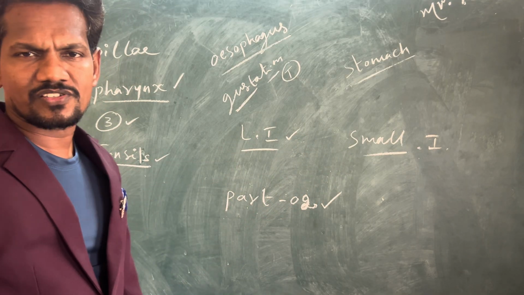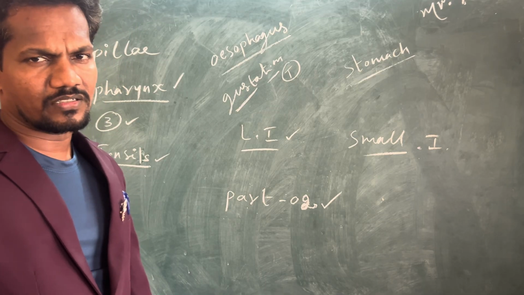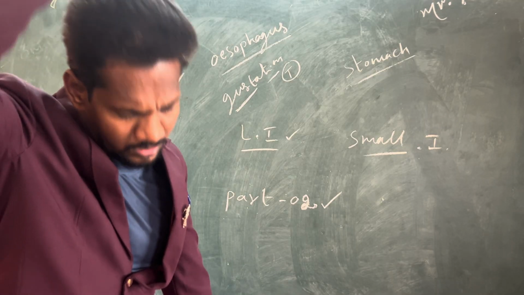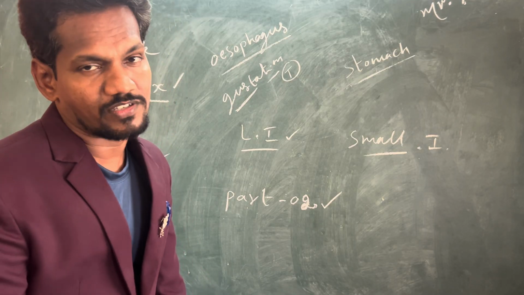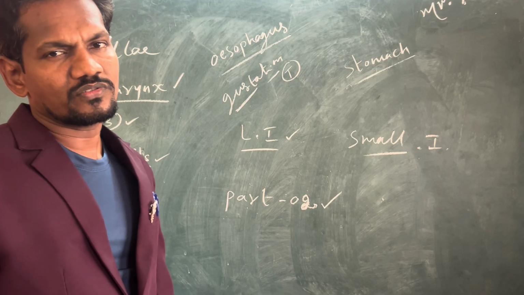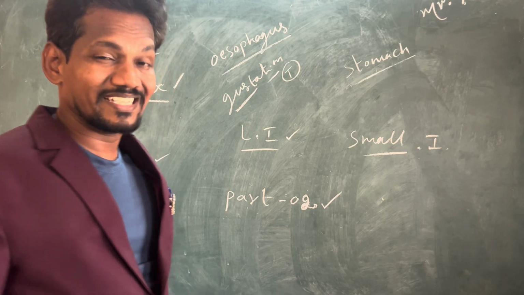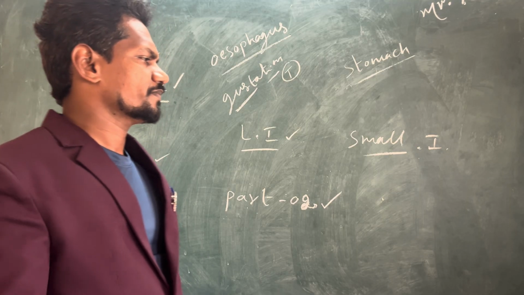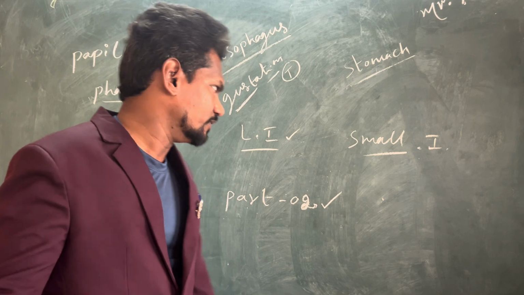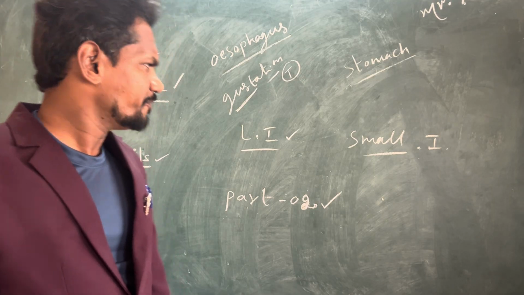These are under the control of the epiglottis, the flap-like muscular structure. If it fails, it leads to choking. So choking is caused due to malfunctioning of the epiglottis. Remember, we should be very careful while drinking or eating something. That is about the pharynx, the common pathway.